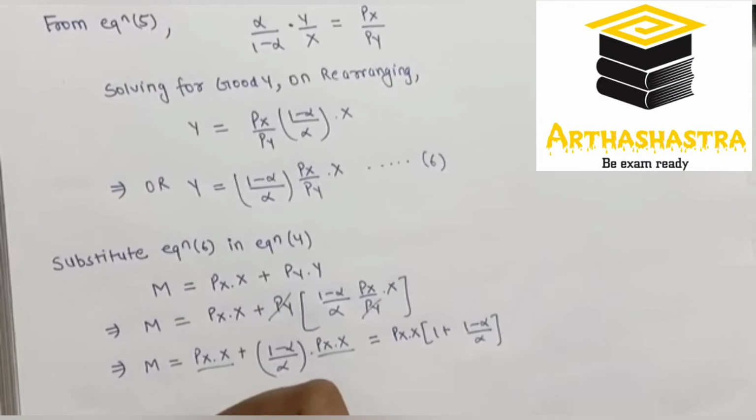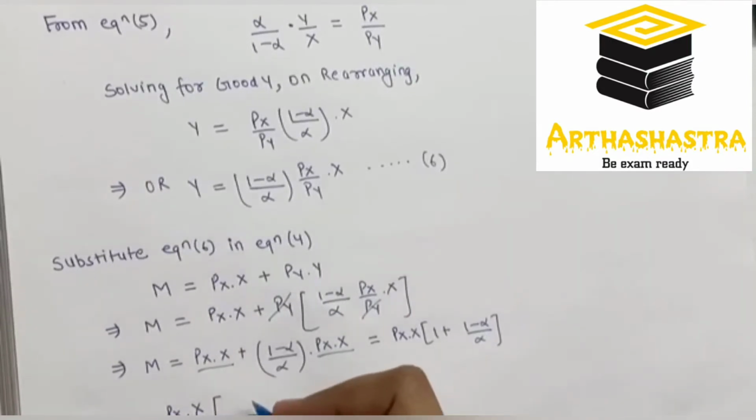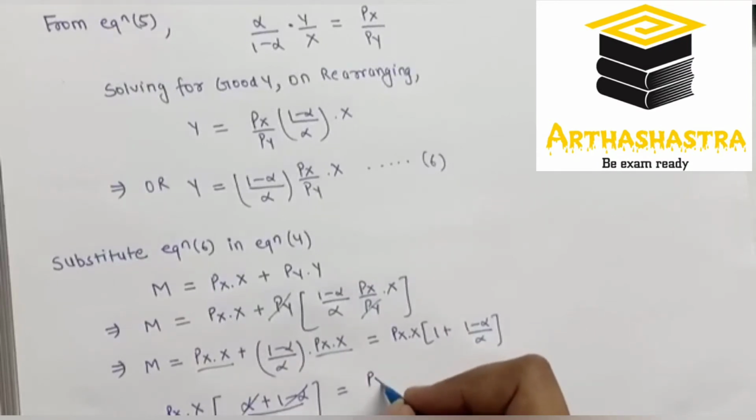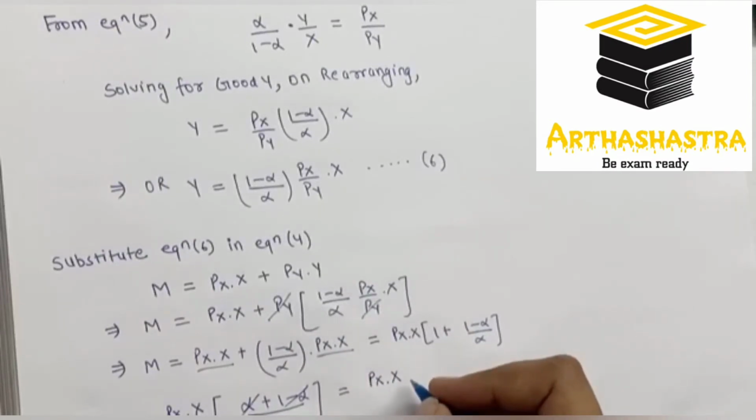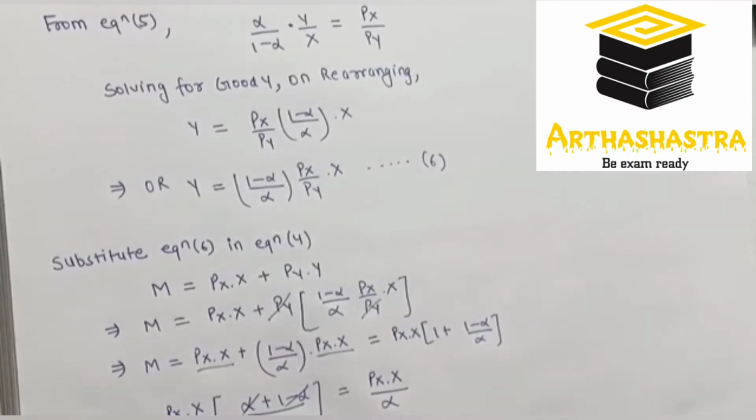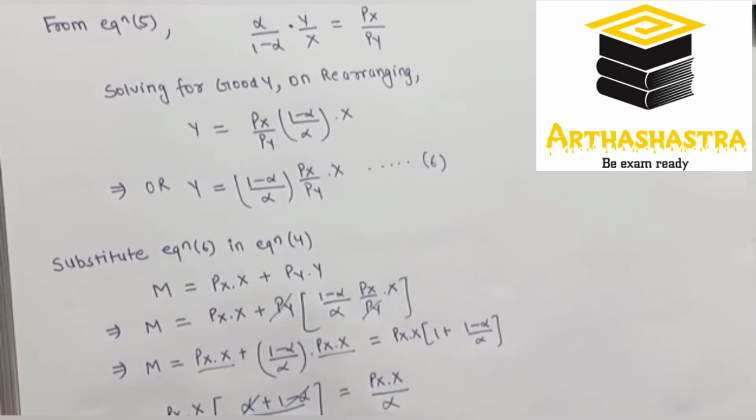Solving further, we get px times x into, taking the LCM, alpha plus 1 minus alpha. So alpha cancels out. We are left with px times x into alpha, right? On rearranging, we get x equals alpha m over px. Now this is our Marshallian demand function.